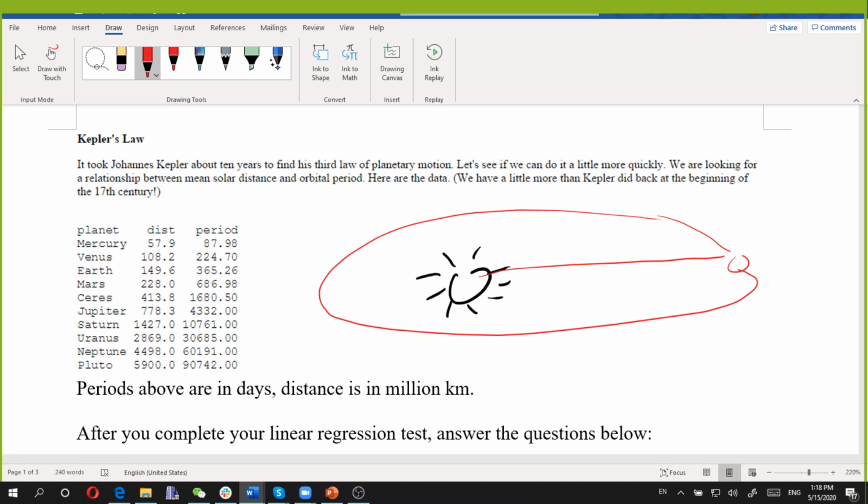So this is their distance at their largest point, at their largest distance to the sun.